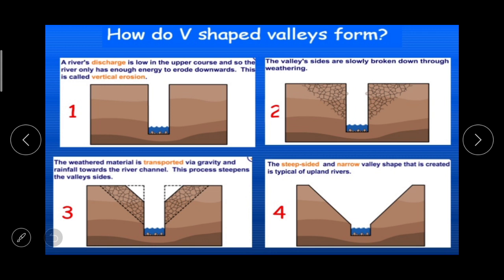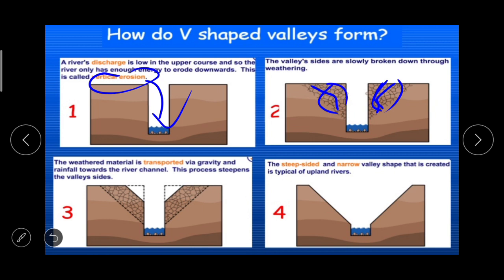How do V-shaped valleys form? Just go through these four figures. A river's discharge is low in the upper course, and so the river only has enough energy to erode downwards. This is called vertical erosion. Then in the second one, the valley's sides are slowly broken down through weathering.